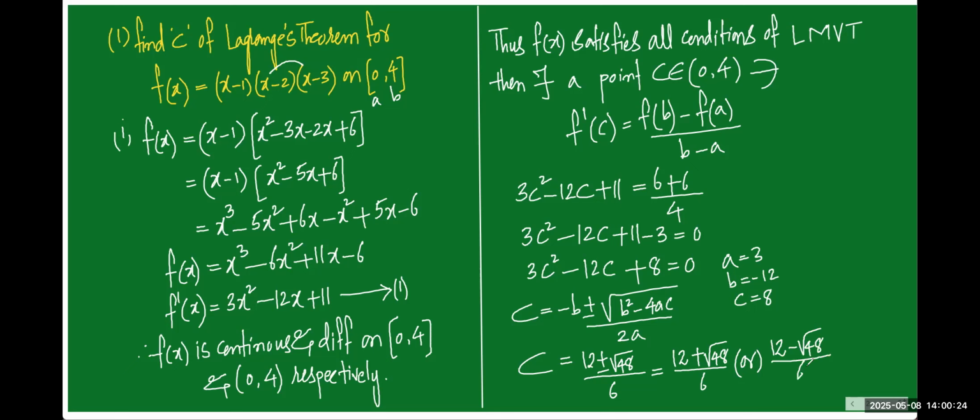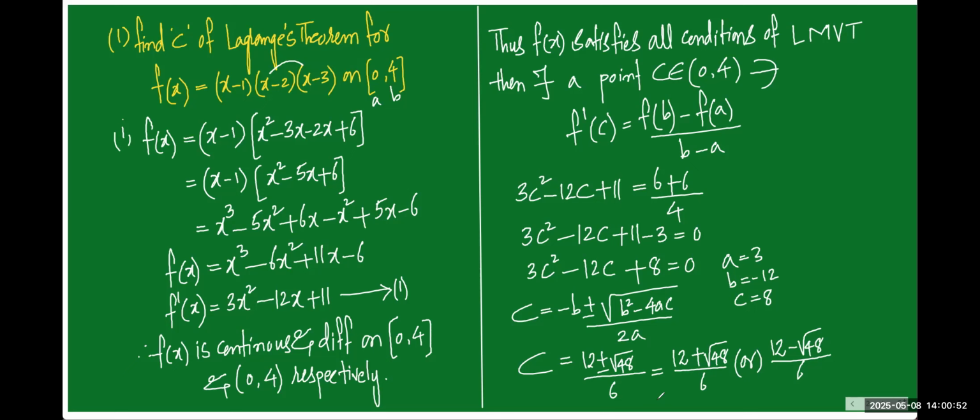Out of these two, definitely we get one value which lie between this interval. Can you tell me that value? If you have a calculator, even I will also check it. 12 plus root 48 divided by 6 is equals to 3.15.